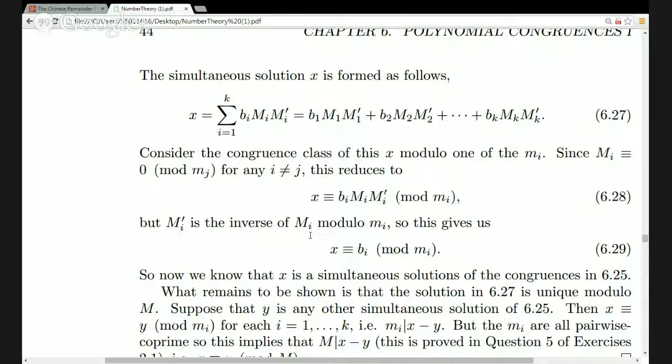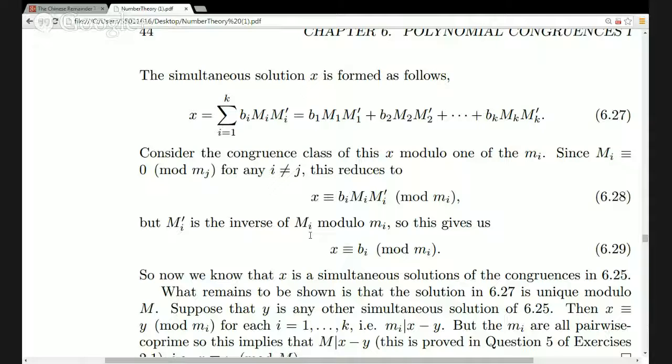But how are these numbers designed? The 35 and the 2, how are they designed? The 2, this 2 here, was designed to be the inverse of 35 modulo 3. So when you're considering this modulo 3, these two cancel out because they're inverses of each other. So you're just left with the 2, which is the B1.